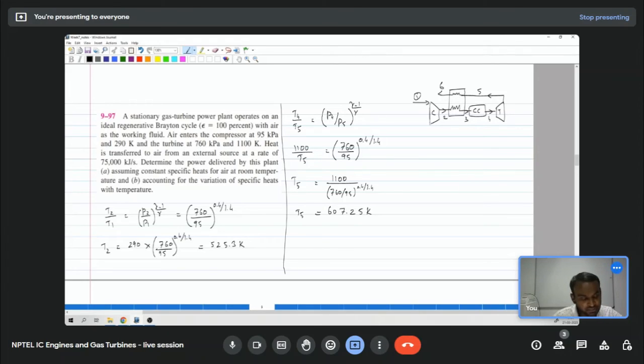Now to find the enthalpy inlet of the combustion chamber, we need to calculate T3. Since the effectiveness is 100%, we know that T3 is same as T6.